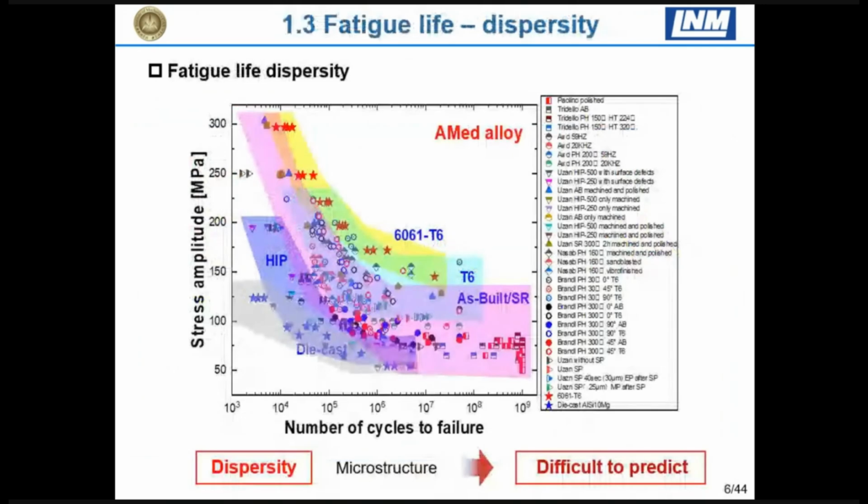In high-cycle fatigue lifetime for this material, you can see the scatter is very large, so it's difficult to predict. For engineering and also for scientific research, it's a big concern.